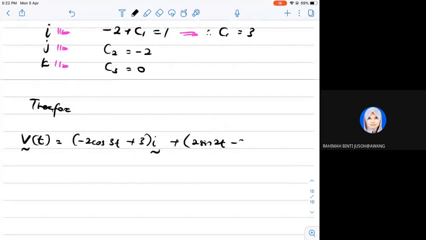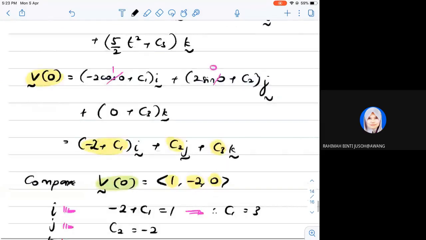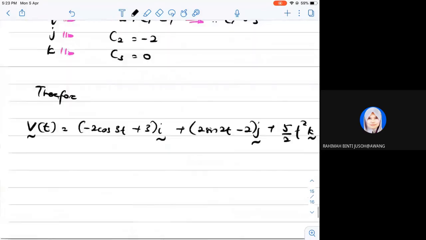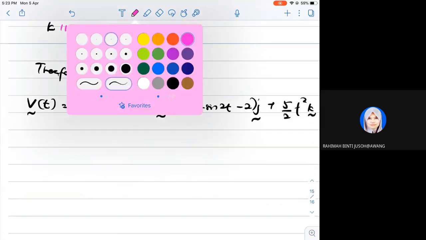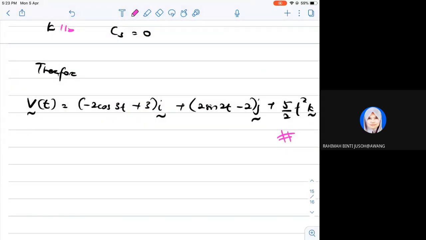C2 negatif 2. 2j tambah C3 0. So tak payah ada kurungan lah. 5 over 2 t squared k. Betul tak tadi? 5 over 2 kan? Itulah. So this is the answer. Understand? Question number 8.